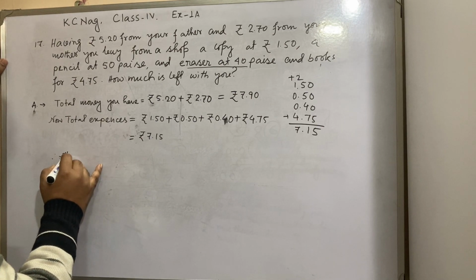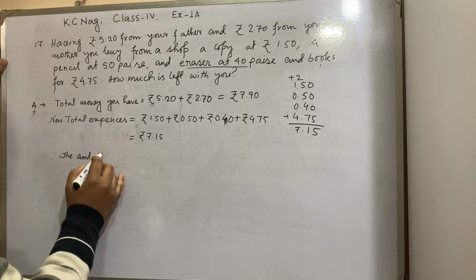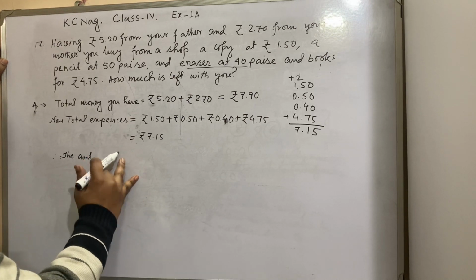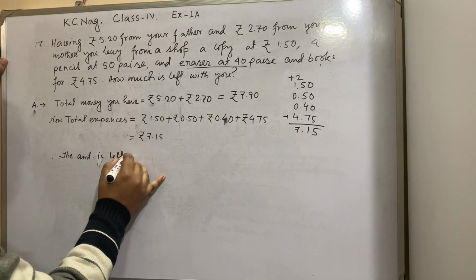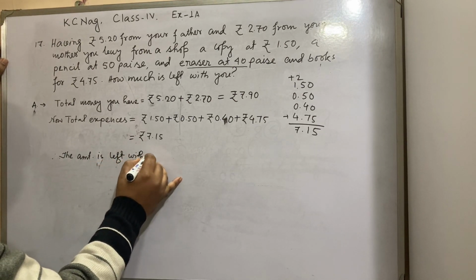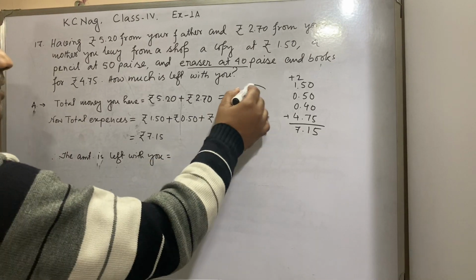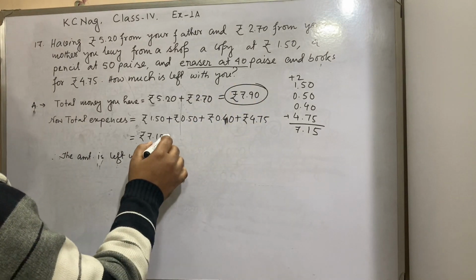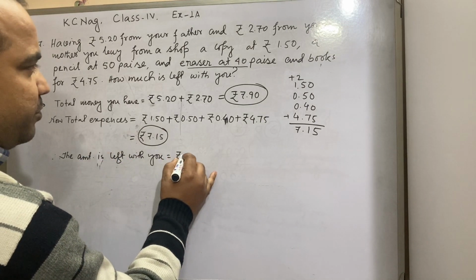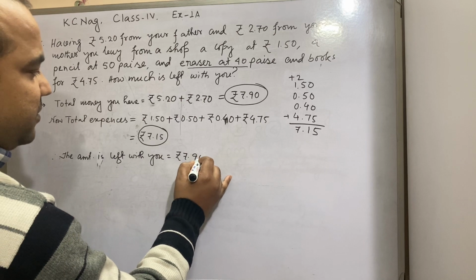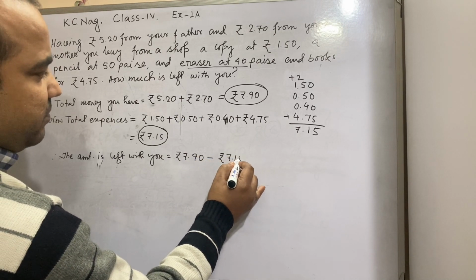Now, therefore the amount left with you is equal to how much you had, rupees 7.90, and how much you have expensed. So rupees 7.90 minus rupees 7.15.